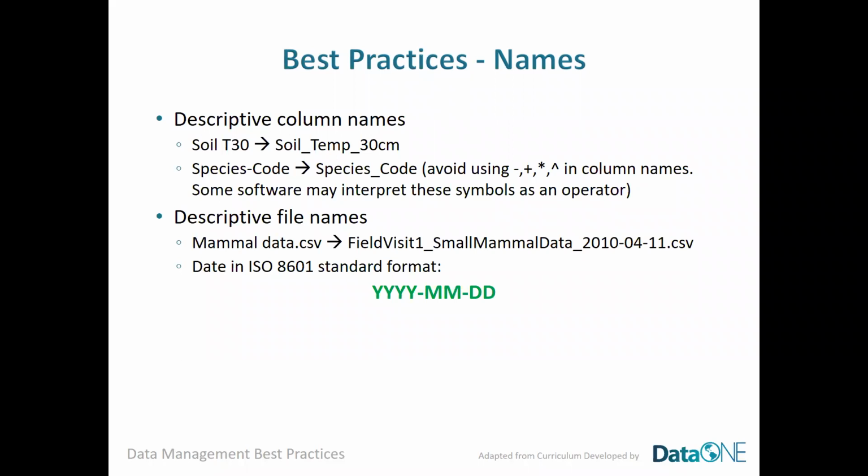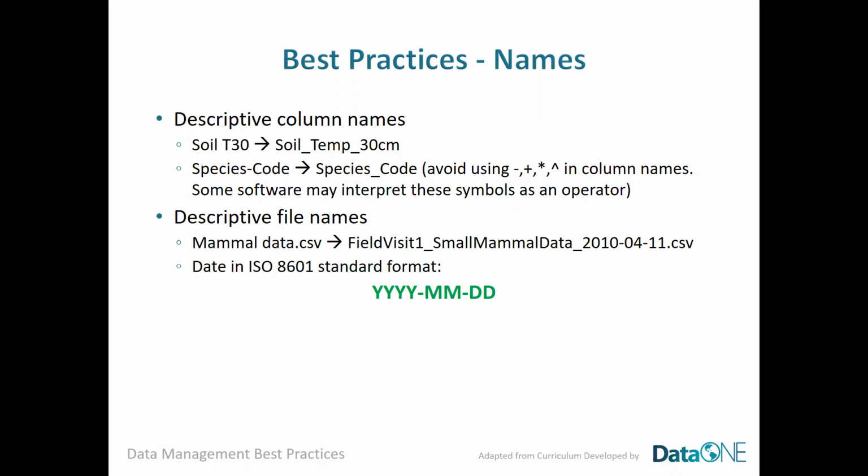So for instance, a file named field visit 1 _ small mammal data _ 2010-04-11 indicates that this file contains data collected during field visit number 1. And it contains small mammal data, and the version is dated April 11th, 2010.